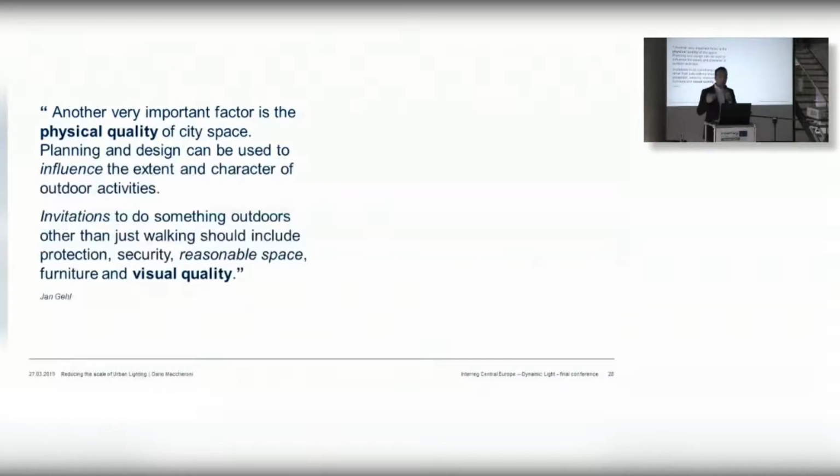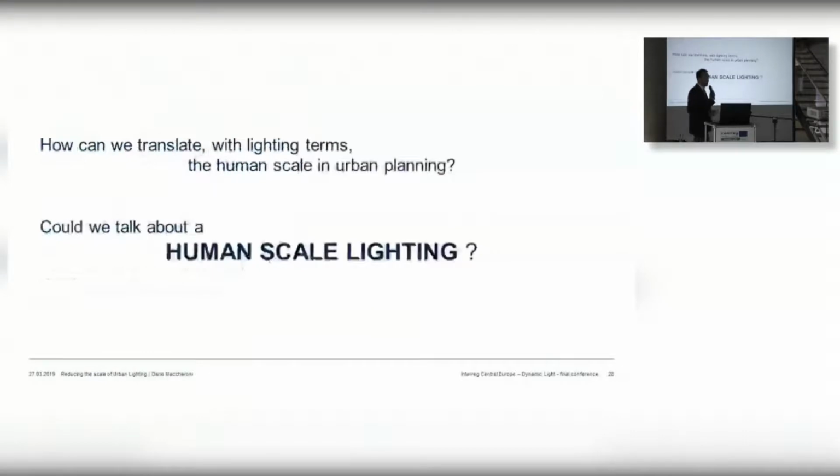And of course, the lighting approach we should have is a multidisciplinary approach, always talking with different stakeholders, with different disciplines like urban planning, as well as architecture, landscape architects, sociologists, psychologists, and so on. So here are the questions. How can we translate, in lighting terms, the human scale in urban planning? Could we talk about human scale lighting?